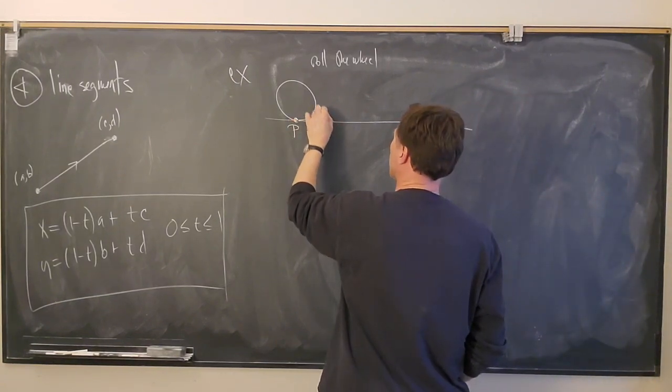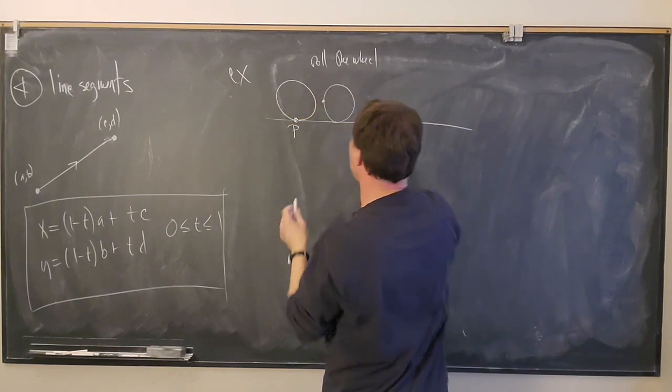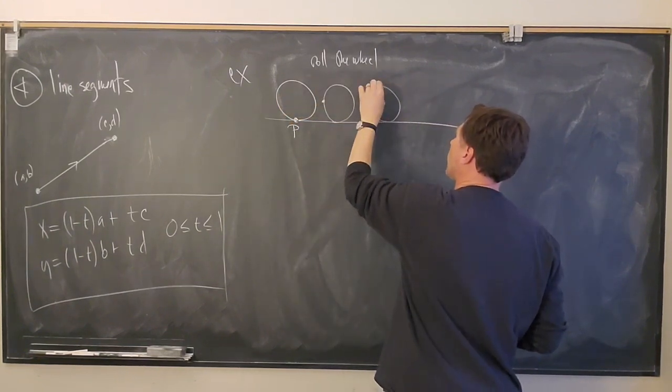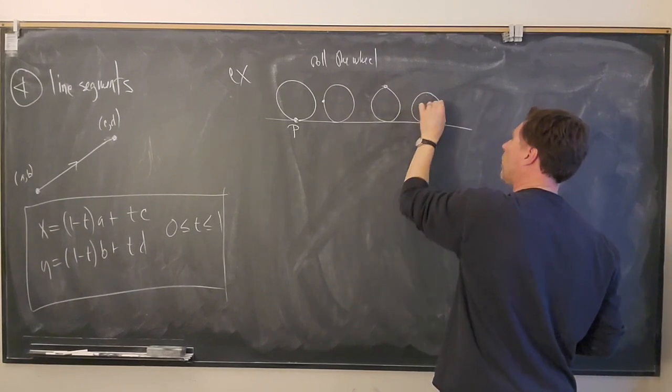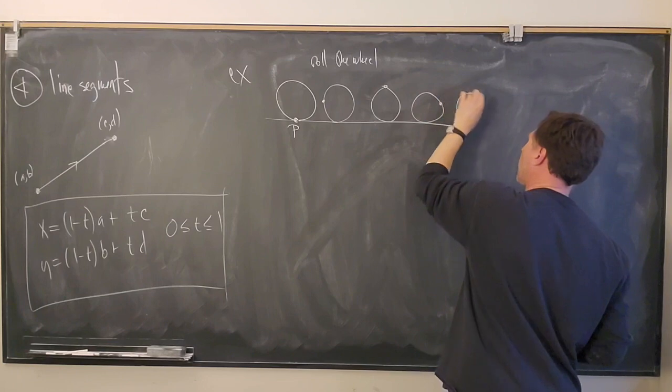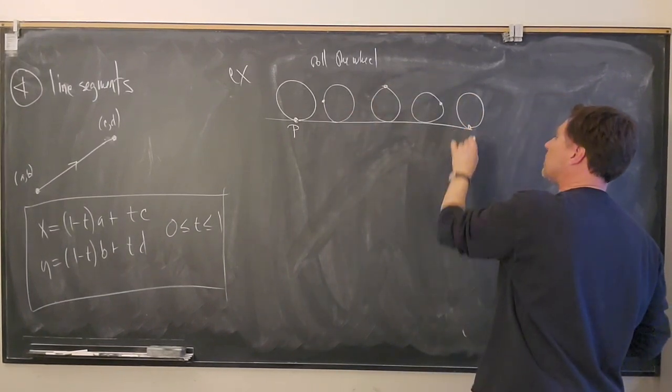As it starts to roll, the point P goes up, up, up. Eventually it's going to make it to the top. Then as you keep going, it's going to come down. And once it's done exactly one revolution, it'll be back down to the bottom.